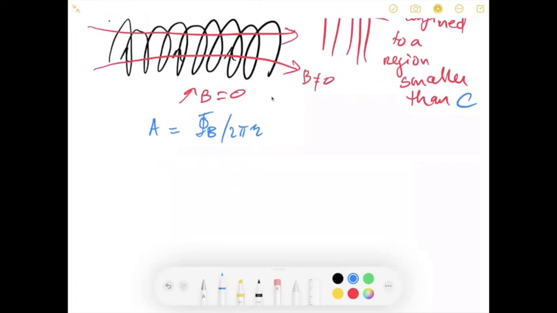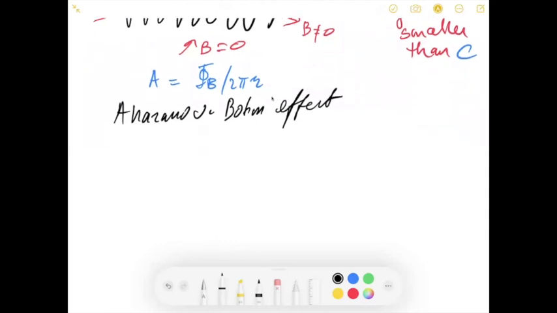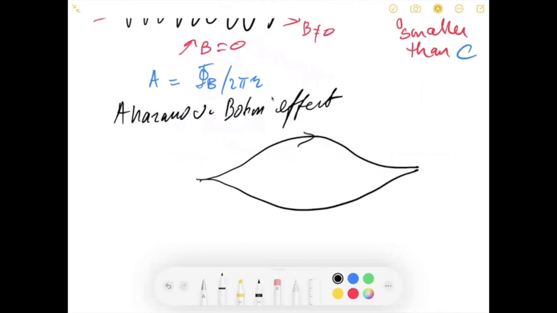So it turns out that this is actually really important in the Aharonov-Bohm effect. In the Aharonov-Bohm effect, you take a beam of charged particles, for instance, or it doesn't need to even be charged particles, but it works really well with charged particles.